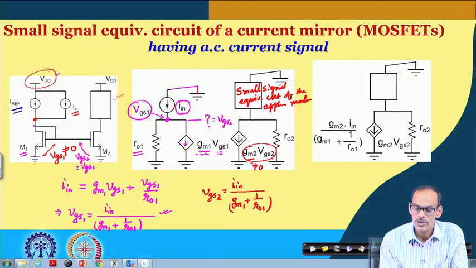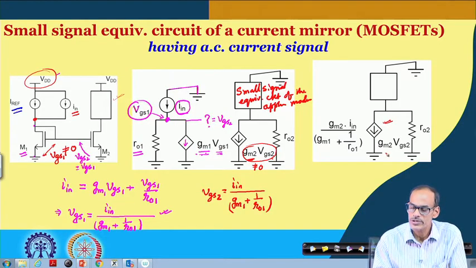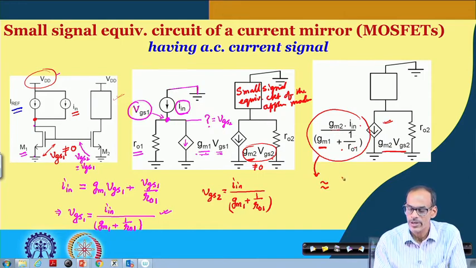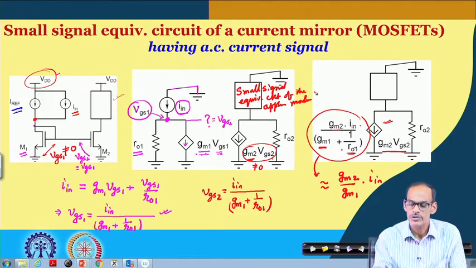After multiplying with GM 2, this current source, GM 2 into VGS 2, has the expression I in multiplied by GM 2 divided by GM 1 plus 1 by RO 1. In fact, this can be well approximated by GM 2 divided by GM 1 by ignoring 1 by RO 1. So, this is GM 2 divided by GM 1 multiplied by I in.